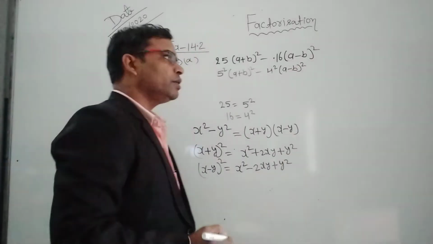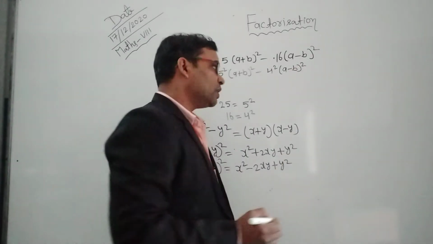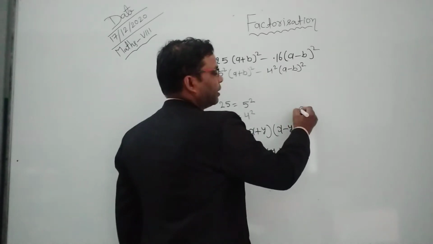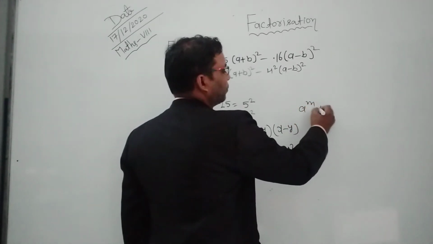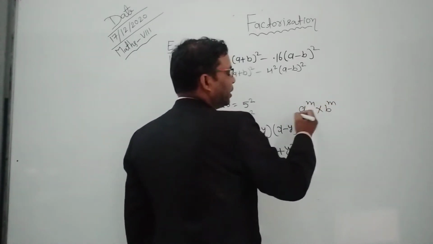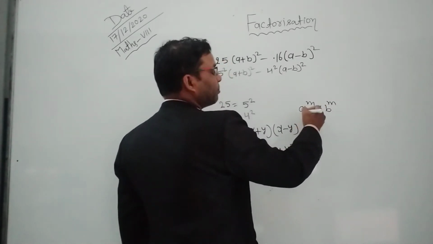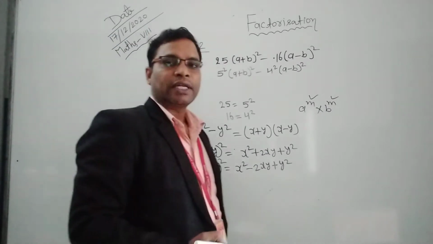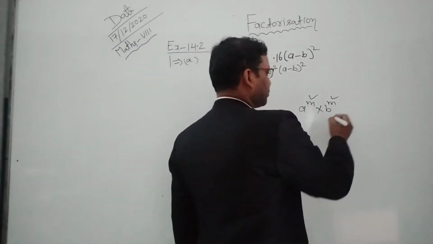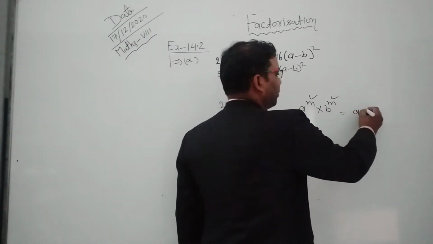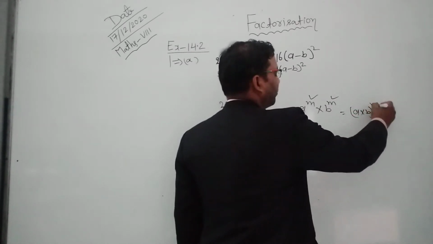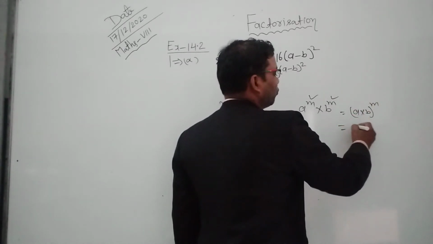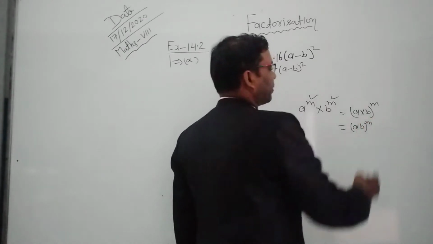Okay. And you know very well this law of exponents: a to the power n into b to the power n. Here you can see bases are different in the case of multiplication, but their power is the same. So you can write it like this: a into b whole power n. This is clear?